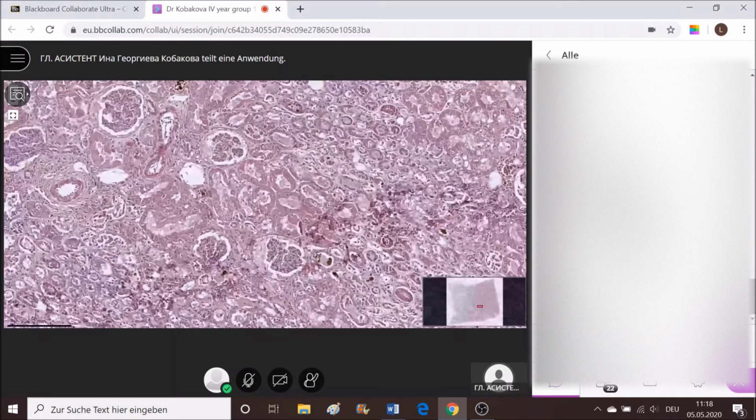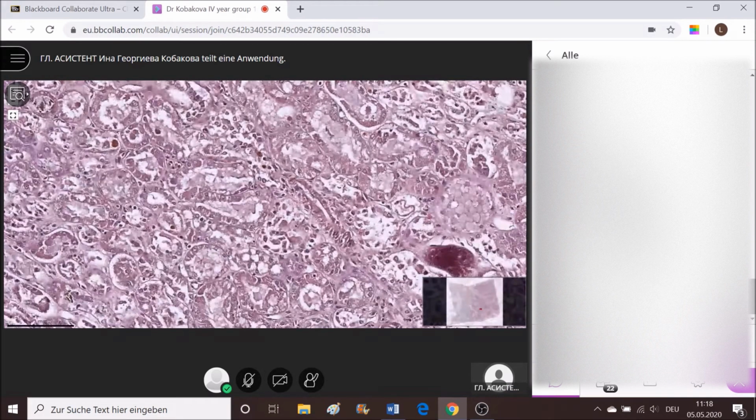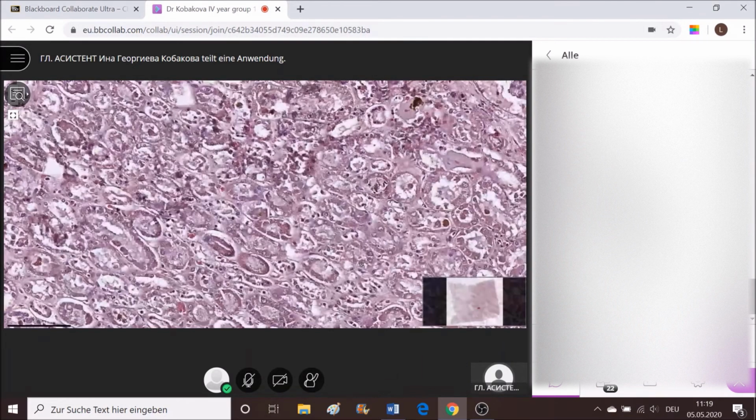There is also some stasis of erythrocytes in the vessels with increased vessels. And pretty much those are the distal tubules, which are kept healthy because they're nucleated. And the proximal ones have lost structure. Pretty much that's it about this type of disease.